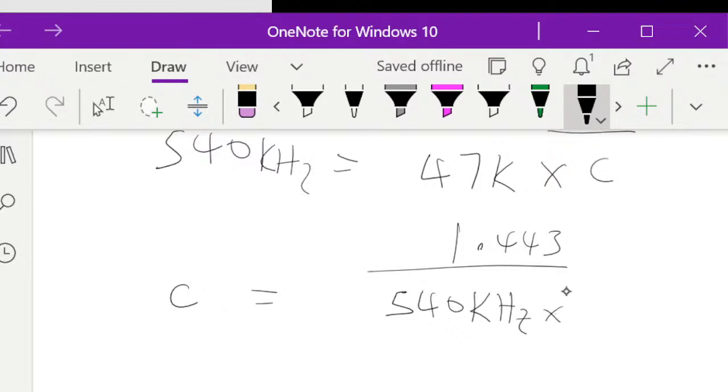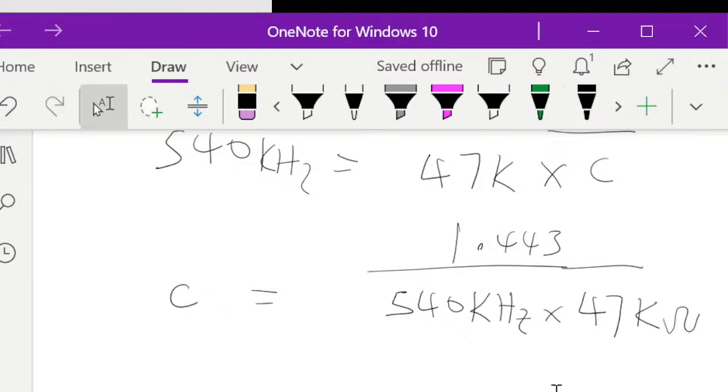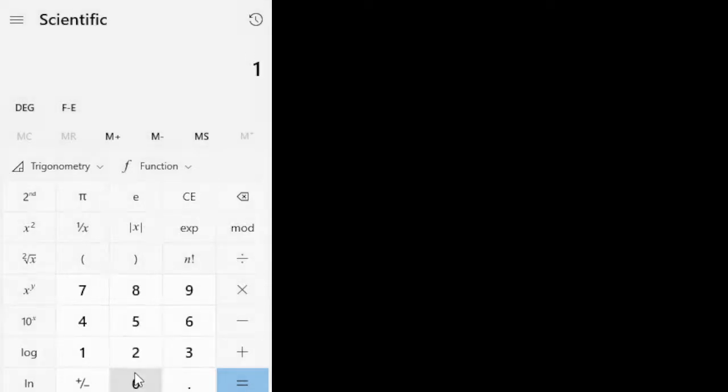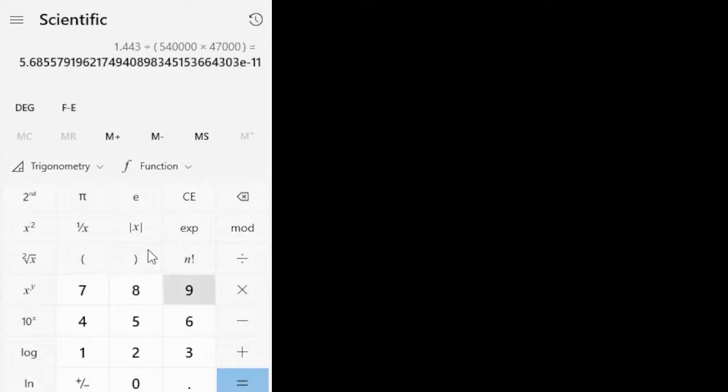Let's not confuse that with kilo ohms. Multiplied by 47 kilo ohms. All right. So in this case, I'm gonna go back to our calculator and clear that: 1.443 divided by 540, 3 zeros there, times 47 and the 3 zeros, close that bracket, and then equals.